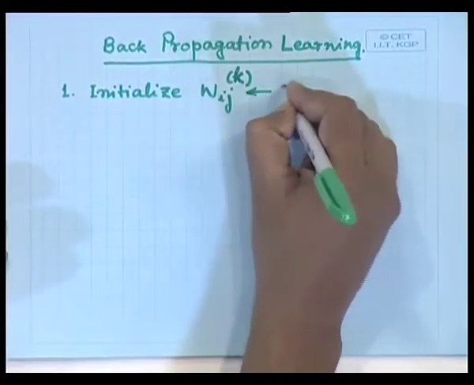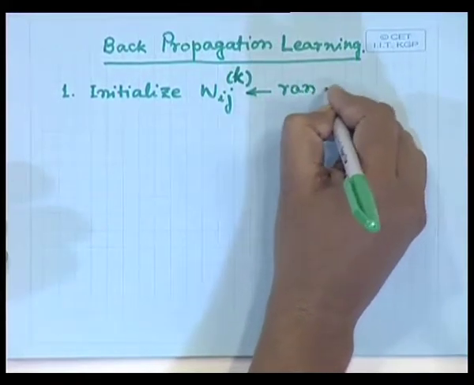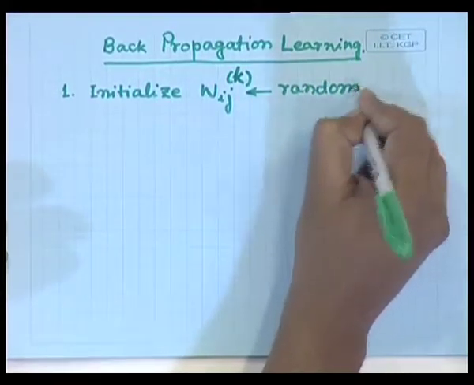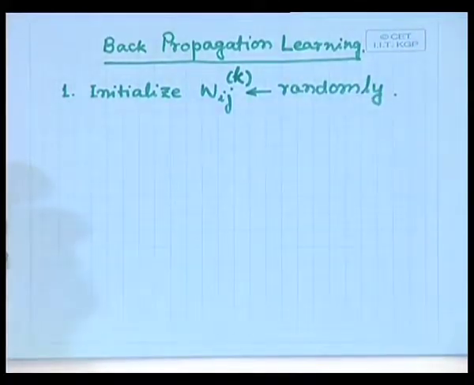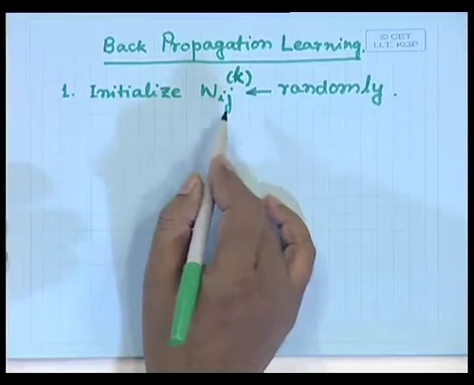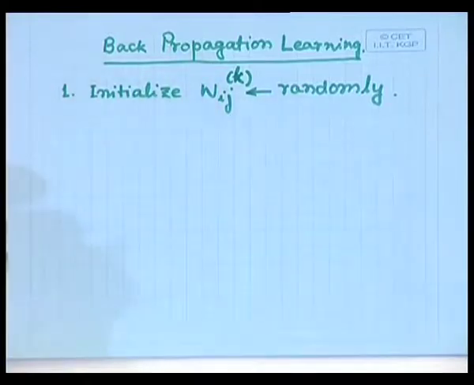And this initialization has to be made randomly. So, you set or initialize the weight vectors w_ijk randomly.